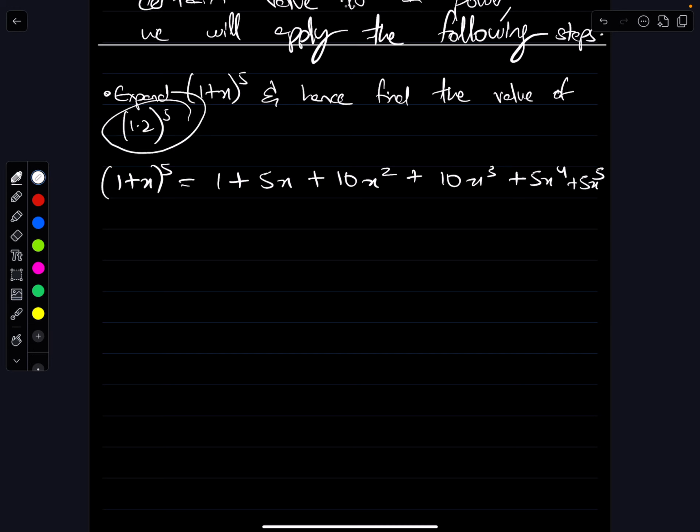And we need to find the value of this using this expansion. This won't be so accurate, but yeah, it will work. And if the examiner has asked you to find the value of this using this, you must do it. Don't use your calculator to just simply find this. So first of all, we need to find the value of x.